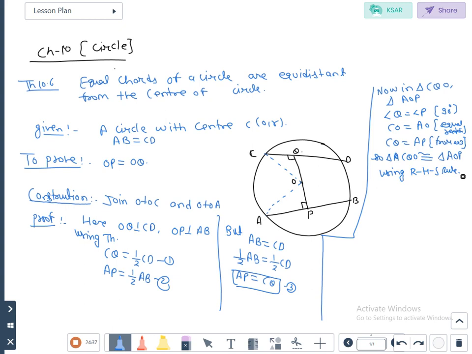Both triangles are congruent, so by using CPCT we prove here that OP is equal to OQ, hence proved. So if the chords are equal, then the distances from the center are also equal. Understand students? Note down.